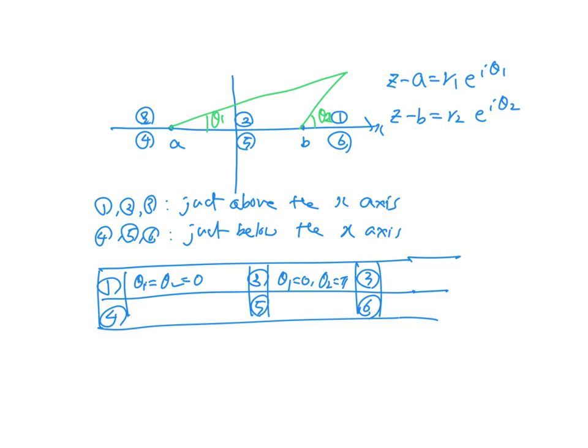And in this region, both theta 1 and theta 2 are pi. How about this below? Same, right? Here theta 1 is pi, theta 2 is pi.